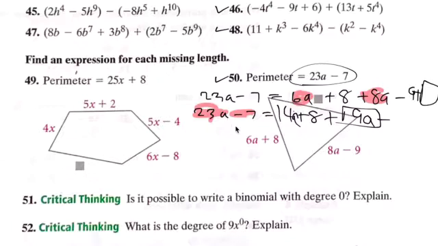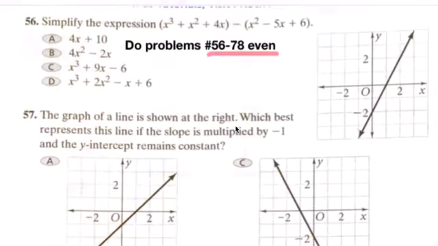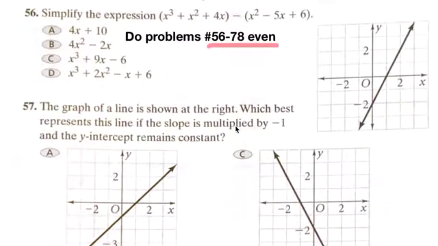To get negative 7, 15 minus 15. That's the missing number. So this is what's missing, to combine it and to get that. Okay, and then you don't have to do any of the other ones. I got so many complainers, and this is barely any homework.